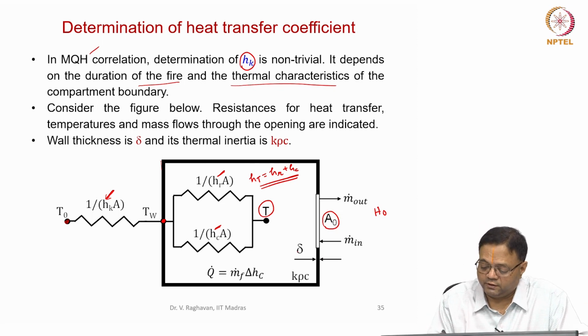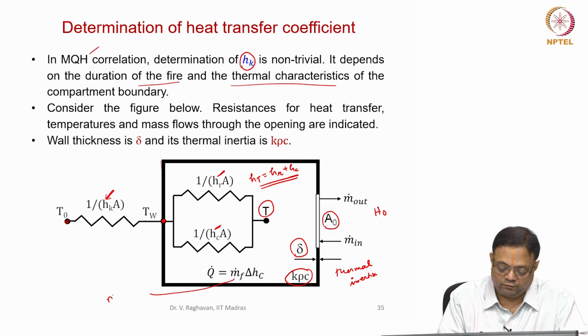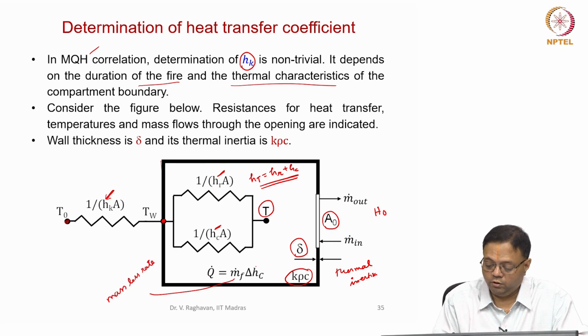If the material thickness is delta, the thermal inertia is K rho C, and the heat release from the fire, Q dot, is m dot F, the mass loss rate, into heat of combustion.